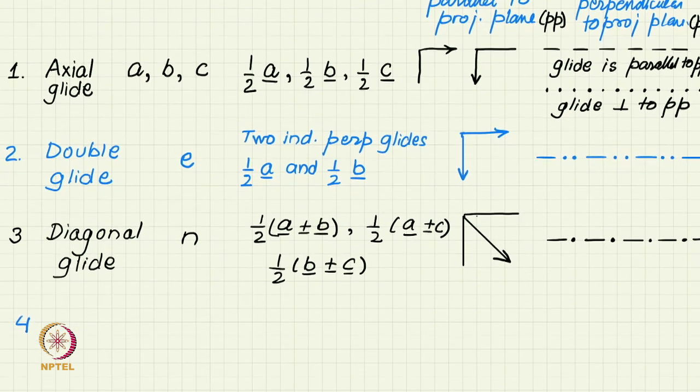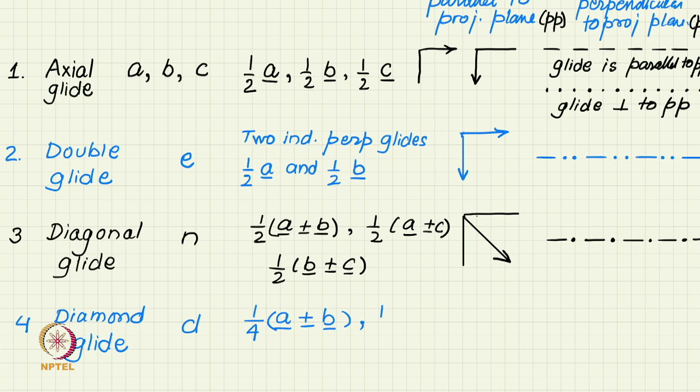And finally, we have what is called the diamond glide. The symbol is D. Here again the translation vectors are along the face diagonal, but it is a quarter of the face diagonal instead of half.